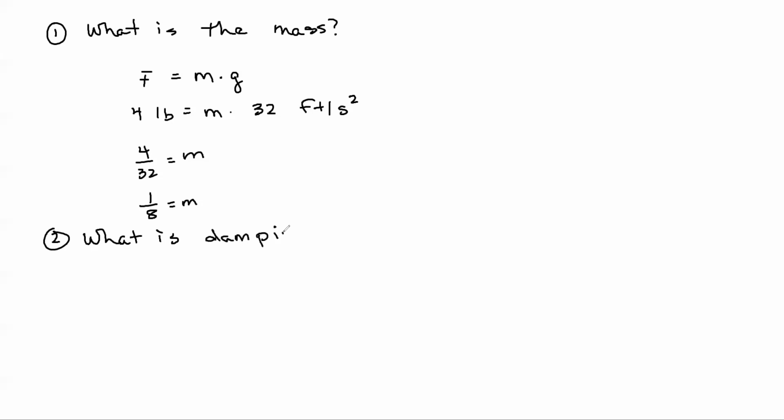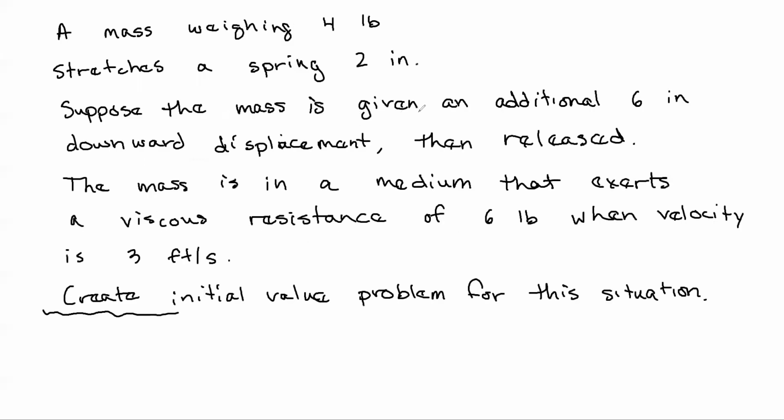All right, 2. So once you've done that, what is the damping constant? Is that given? Some problems will just tell you the damping constant. Did they do that here? The mass is in a medium that exerts a viscous resistance of 6 pounds when the velocity is 3 feet per second. No, they did not. So we've got 6 pounds again. That's a force.